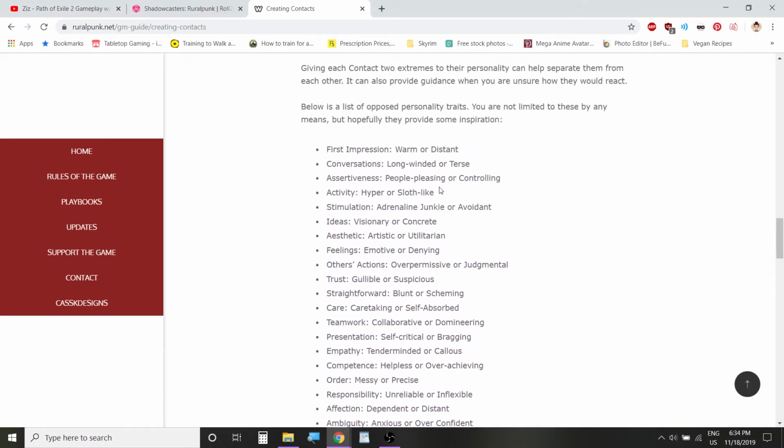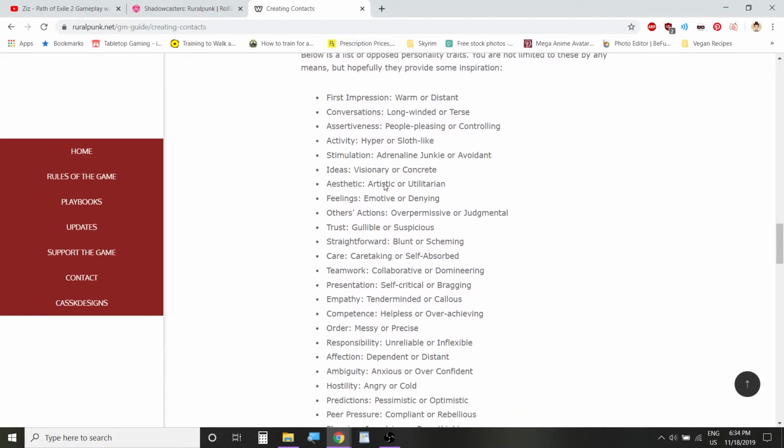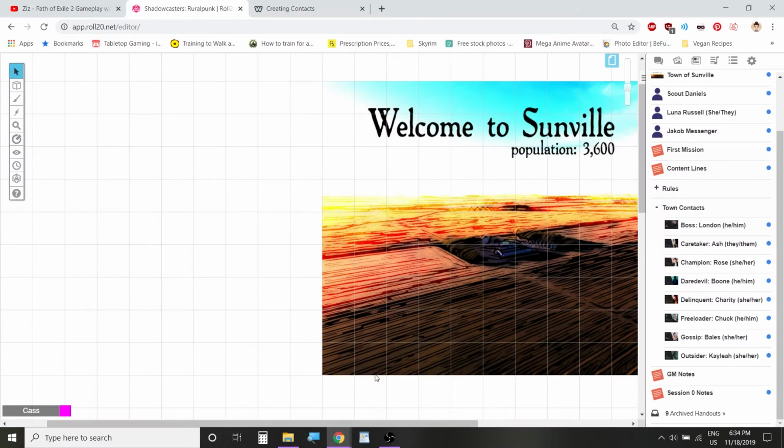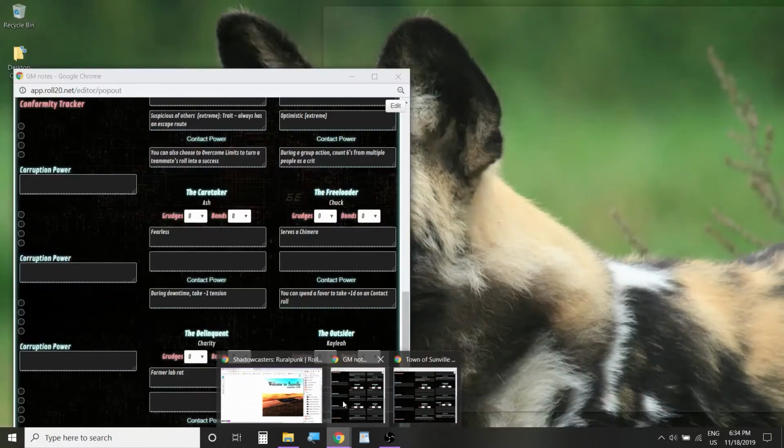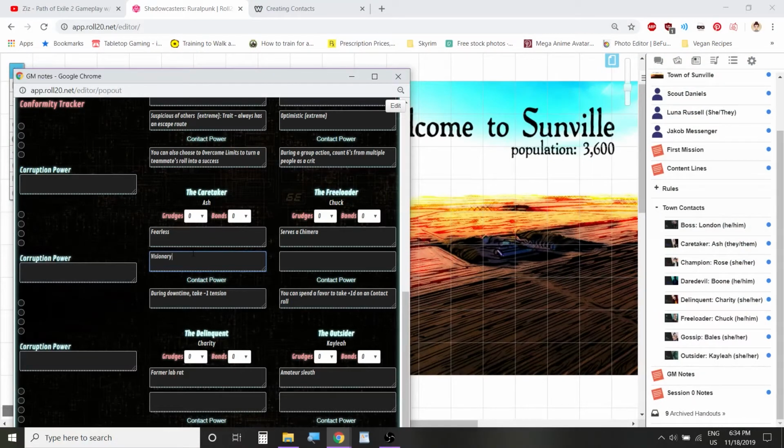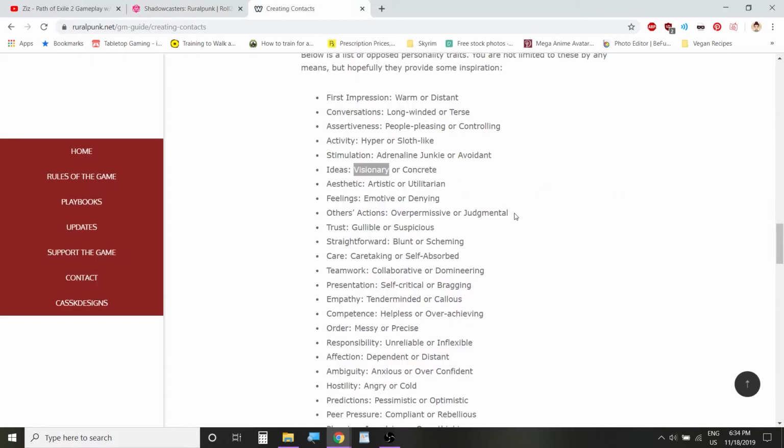Now, I think people-pleasing is very much a caretaker extreme. But I feel like visionary could be interesting. You have this really fearless caretaker who is a visionary. I don't know that I have a trait yet for that.